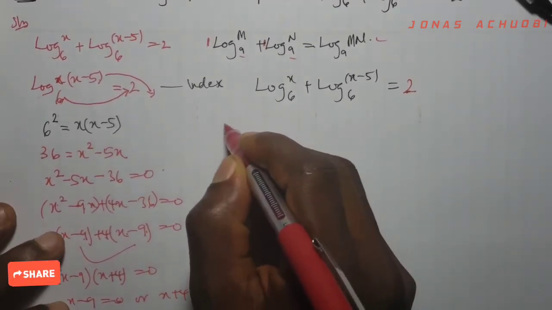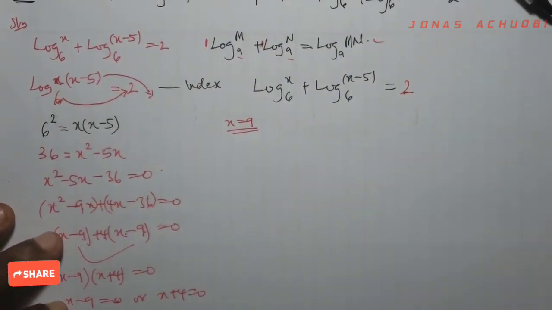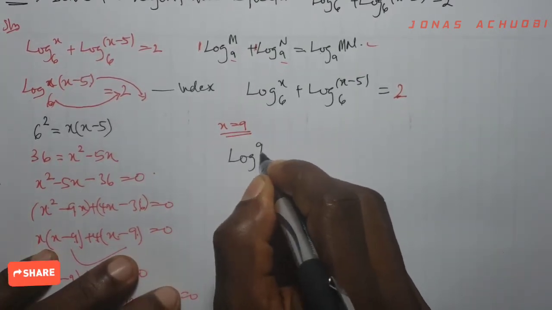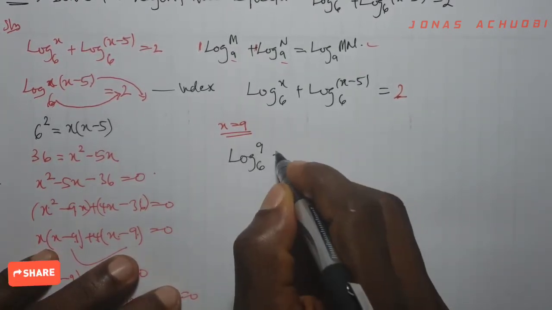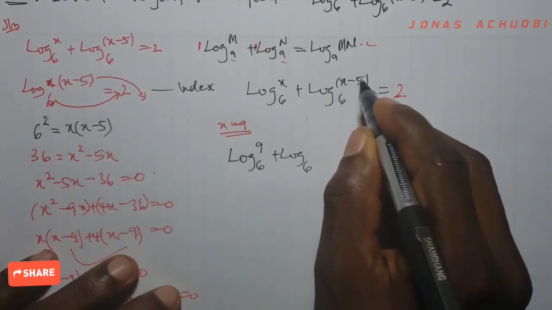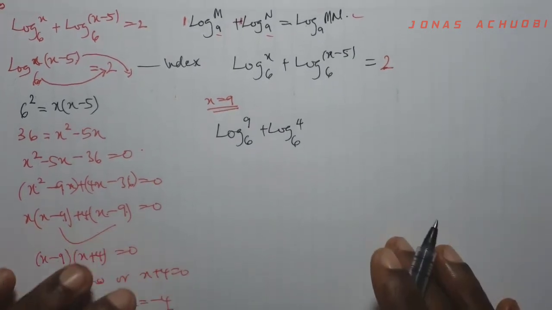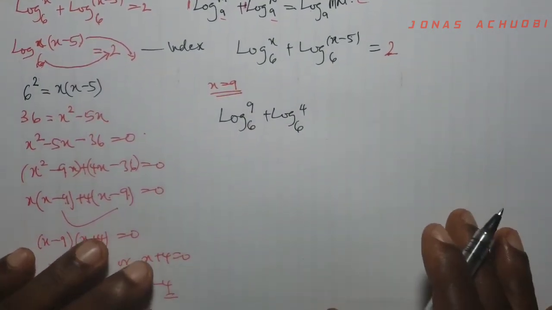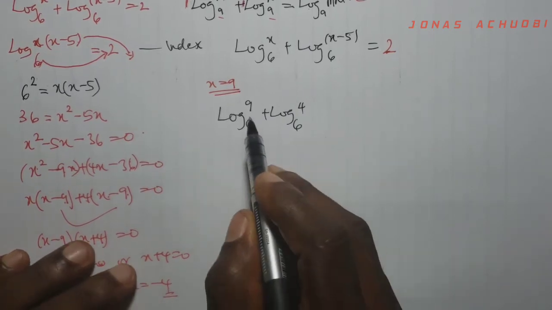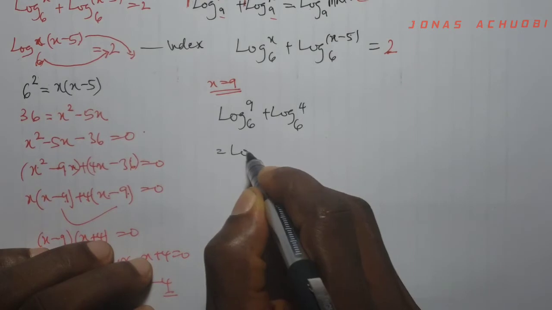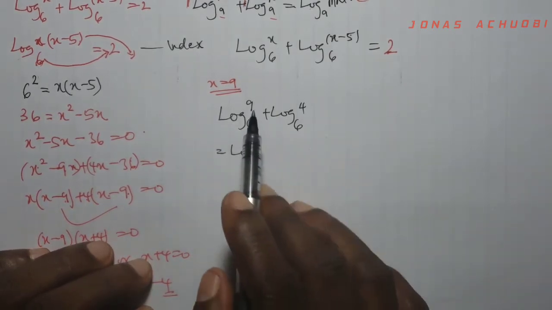So for the first one, x equal to 9. So this becomes log 9 in base 6 plus log in base 6, x is 9, so 9 minus 5 is 4. So how does this become 2? Let's proceed a little bit further. So we can write this as the logarithm, the same law that says we can multiply.